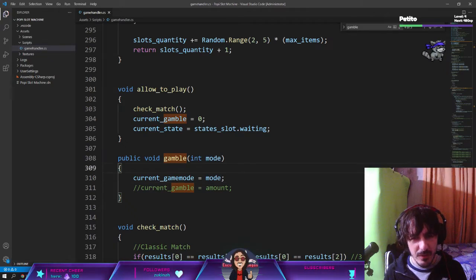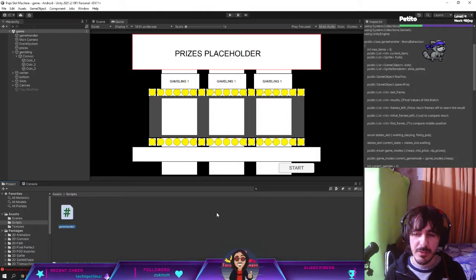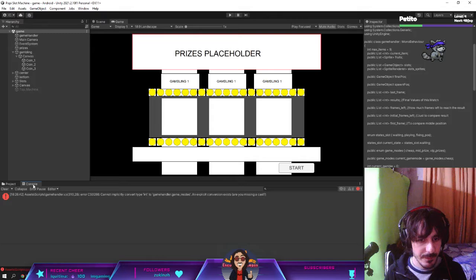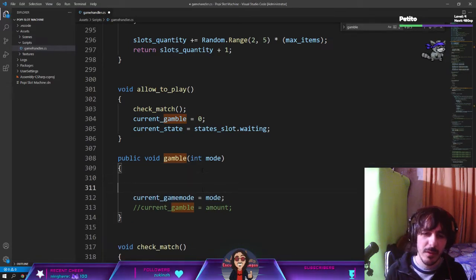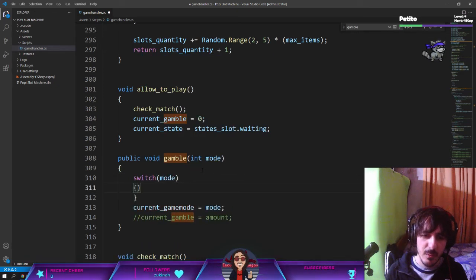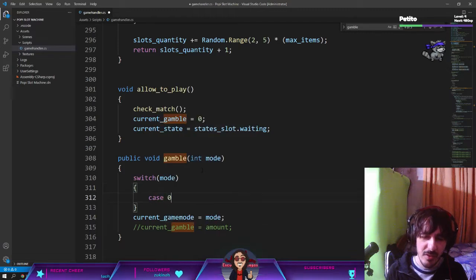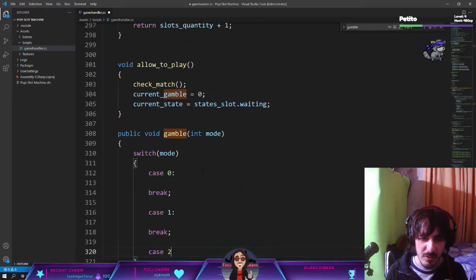Current game mode will be 0, 1 or 2. I have to see if this is automatically converted from an int to an enum. No. Don't worry, because I will just switch mode and I will select the different cases. Case 0, case 1, case 2.